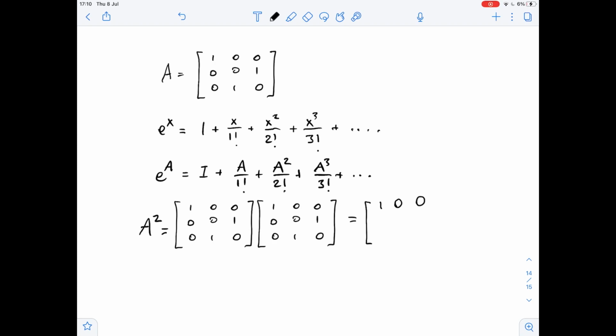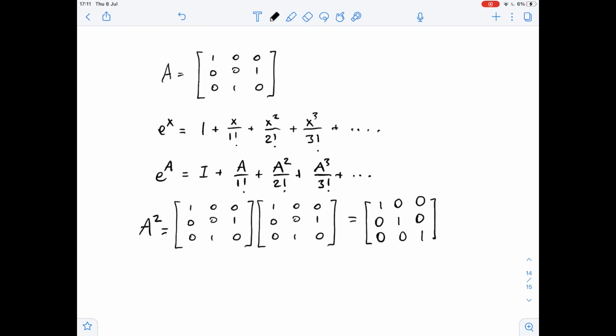Next row we get 0 times 1 plus 0 times 0 plus 1 times 0, so it's 0. 0 times 0 plus 0 times 0 plus 1 times 1, so here we have 1. Next we have 0 times 0 plus 0 times 1 plus 1 times 0, so it's 0. And the last row, the first entry is 0 times 1 plus 1 times 0 plus 0 times 0 is 0. 0 times 0 plus 1 times 0 plus 0 times 1 is 0. And 0 times 0 plus 1 times 1 plus 0 times 0, so it's 1.